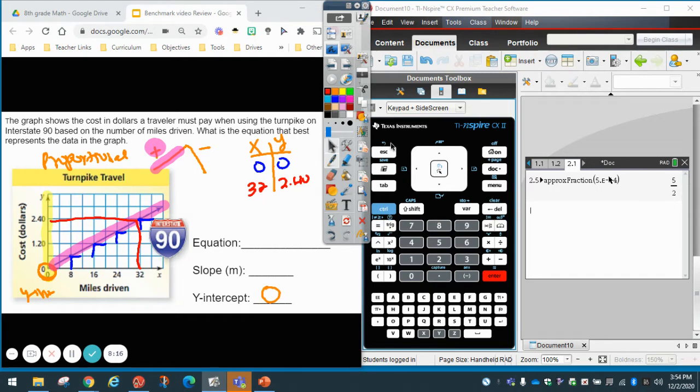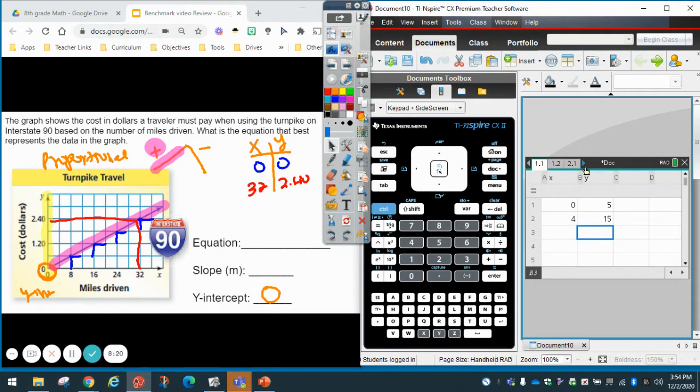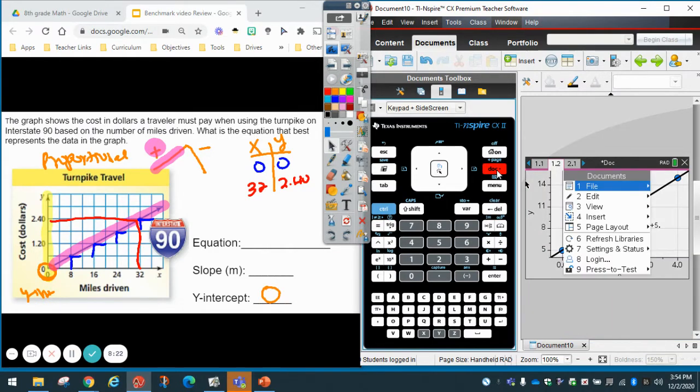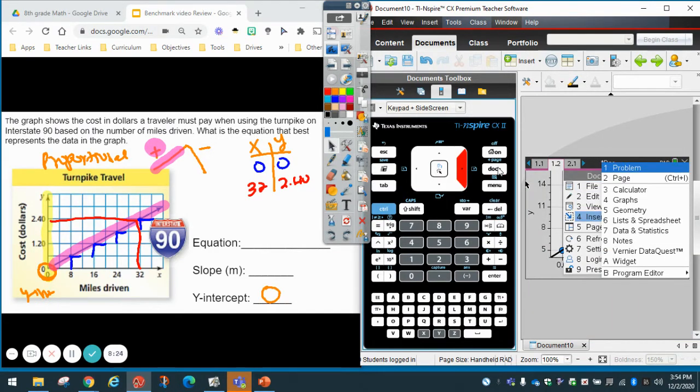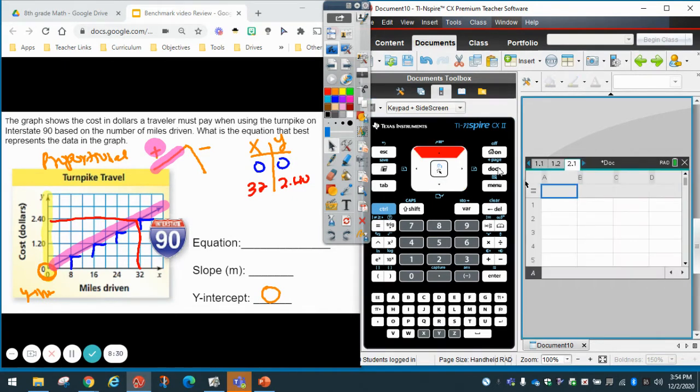So let's go to our calculator. I want to put doc, insert, problem. Again, a table is just a list of numbers, so I'm going to go to lists and spreadsheets, label column A X, go to B and label it Y, and enter 0, 32, 0, and 2.4.